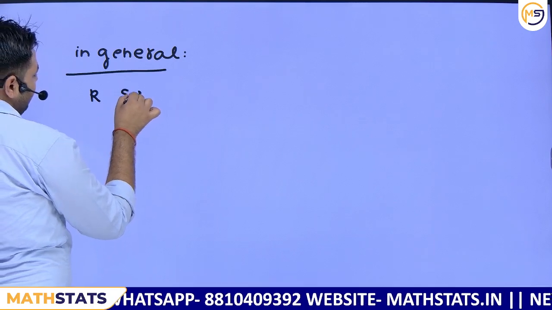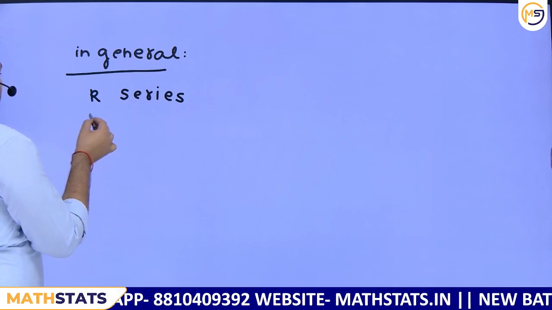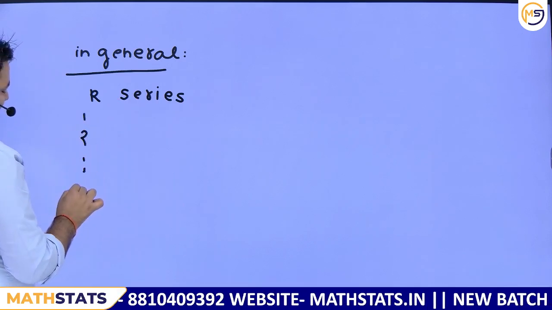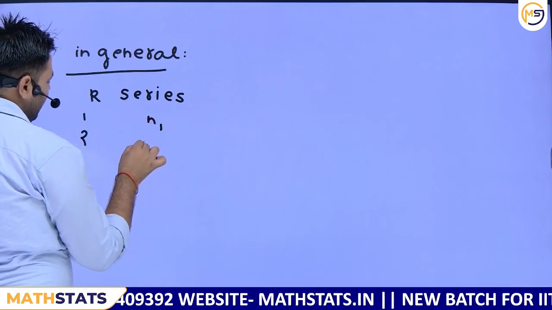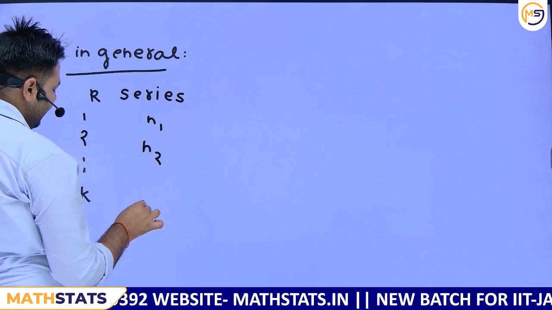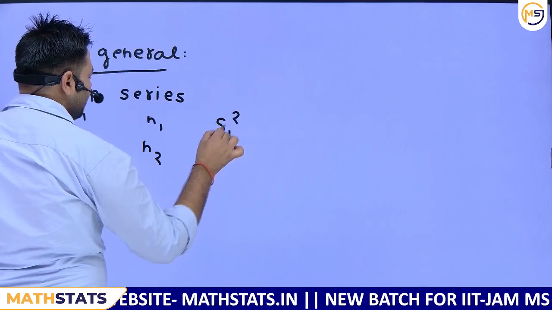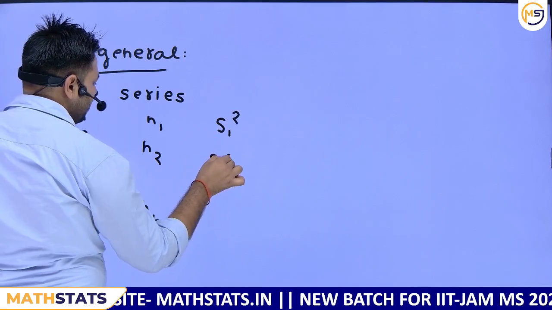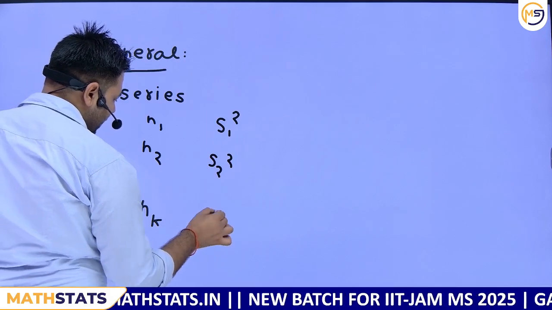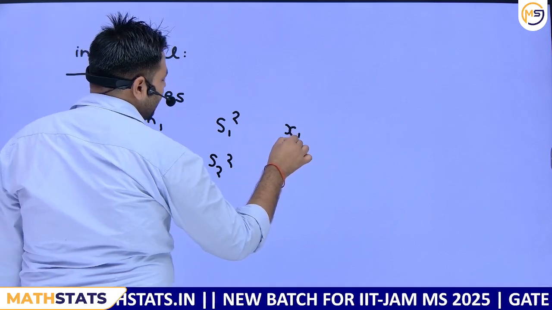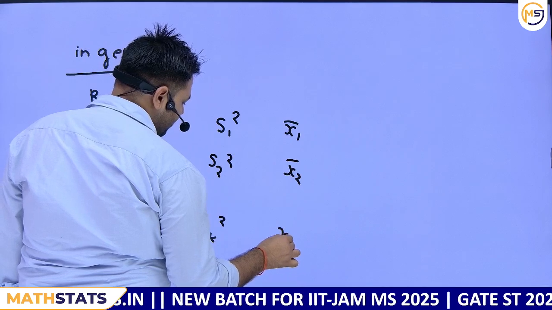The sizes are N1, N2, up to Nk, the corresponding variances are S1 square, S2 square, up to Sk square, and the corresponding means are X1 bar, X2 bar, up to Xk bar.